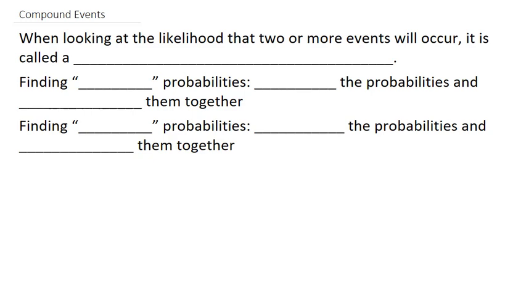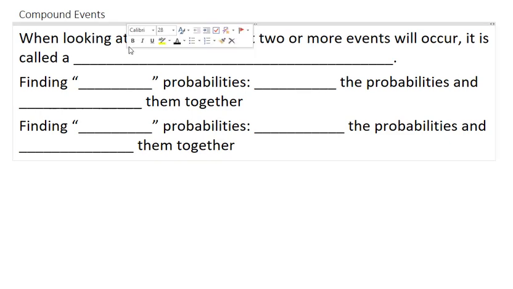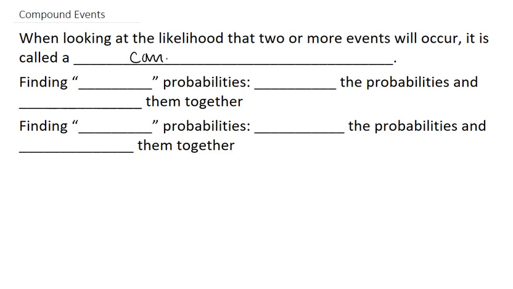Compound events. When looking at the likelihood that two or more events will occur, it is called a compound event. So finding "or" probabilities, what we would do is find the probabilities and add them together.